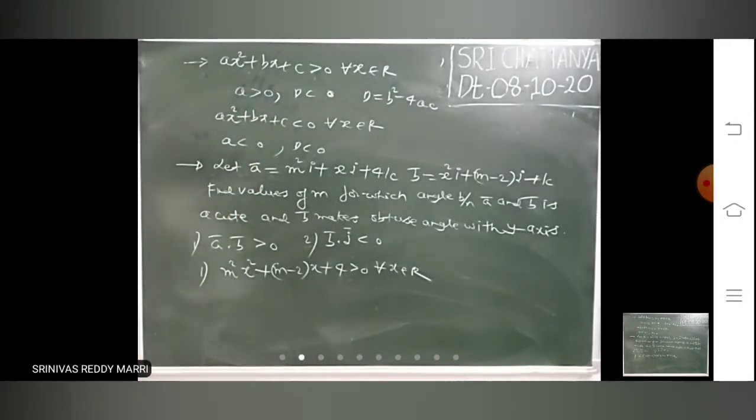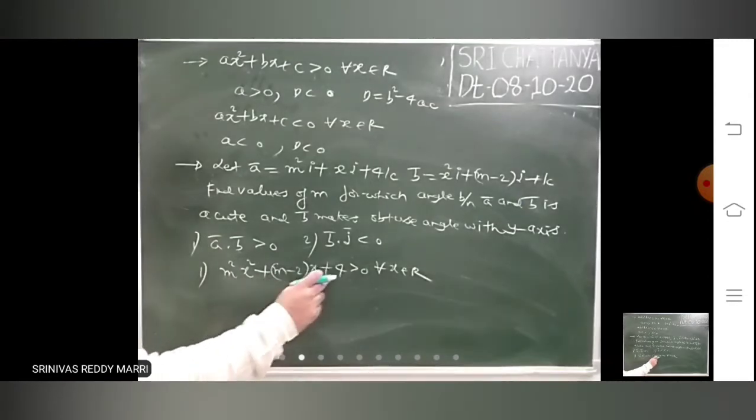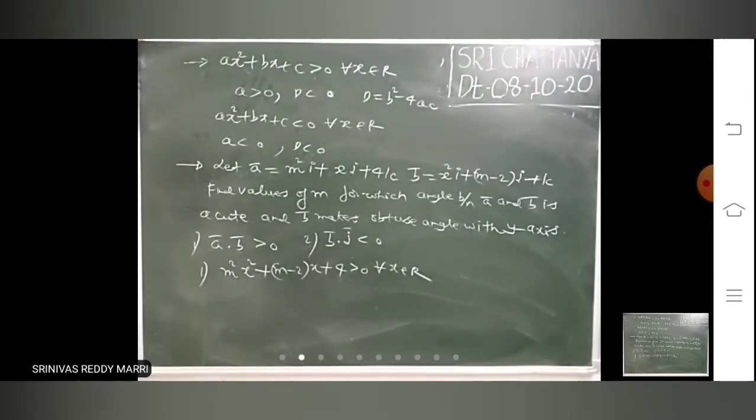For any real values of x, it makes an acute angle. That means A dot B greater than 0. Now look at ax square plus bx plus c greater than 0. That means what you have to write? A greater than 0, D less than 0. A is m square, this is A, this is B, this is C.